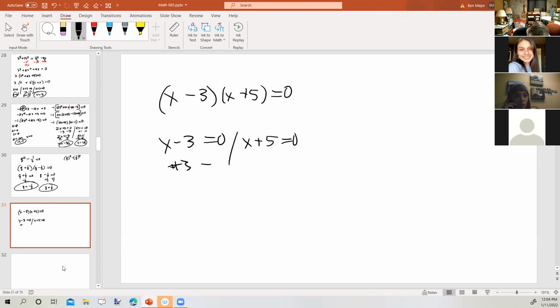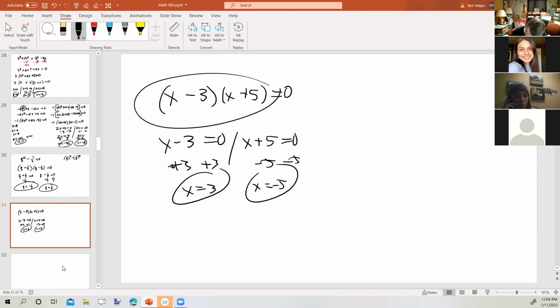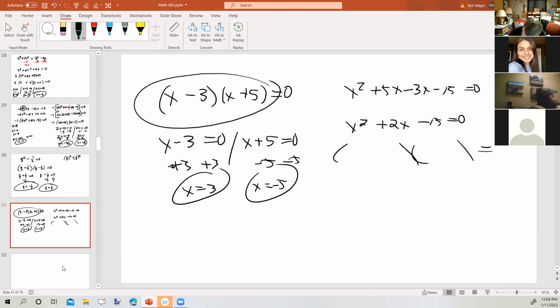So add 3, x is 3, subtract 5, x is negative 5. Instead, for whatever reason, they decide to multiply this all together. X squared plus 5x minus 3x minus 15 equals 0. X squared plus 2x minus 15 equals 0. And then they factor it and they get x minus 3, x plus 5. And they're going around in circles.